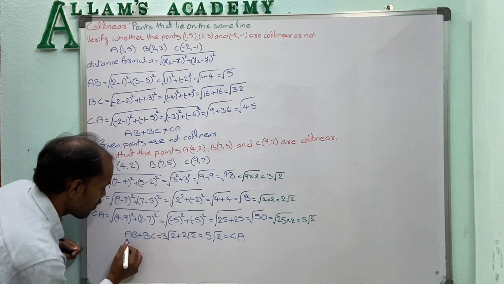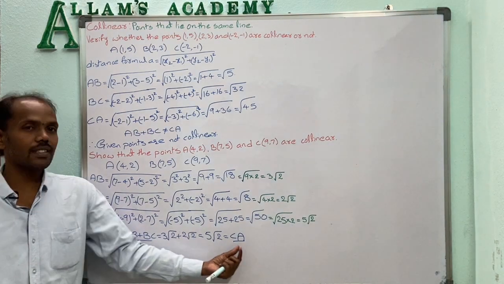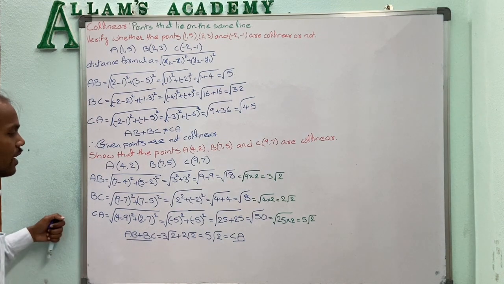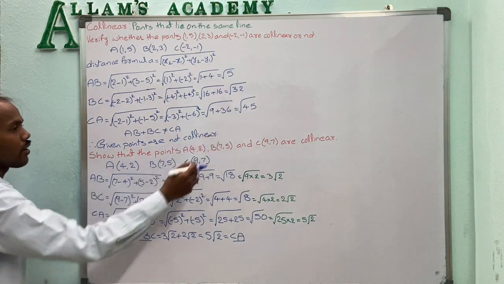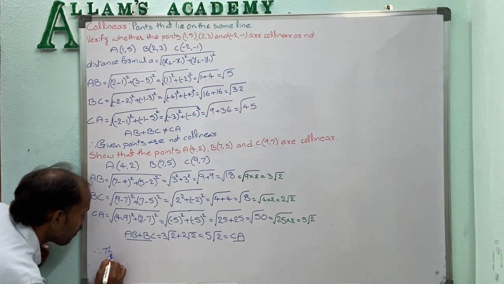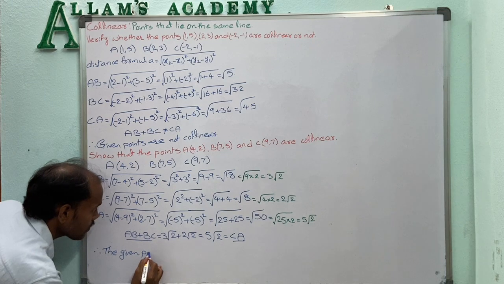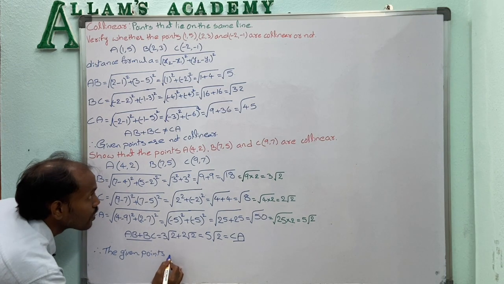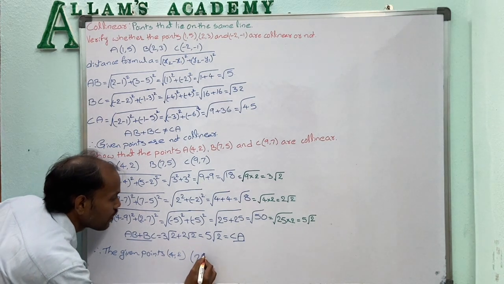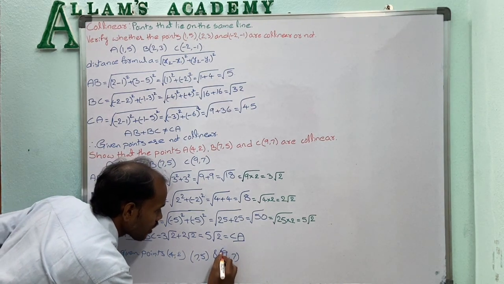So AB plus BC is equal to CA. The sum of any two points' distances is equal to the third pair's distance. That means the given points are collinear. Therefore the given points (4, 2), (7, 5) and (9, 7) are collinear.